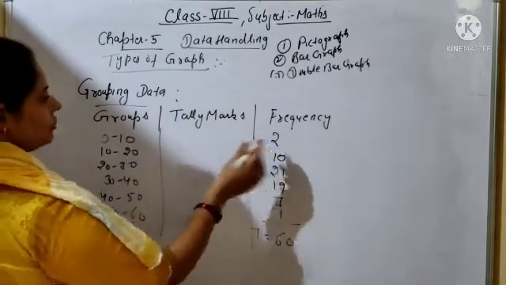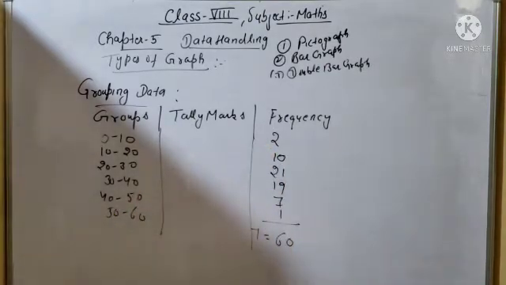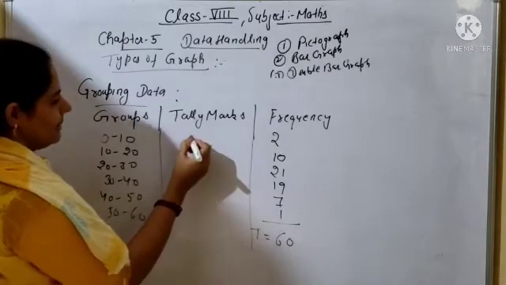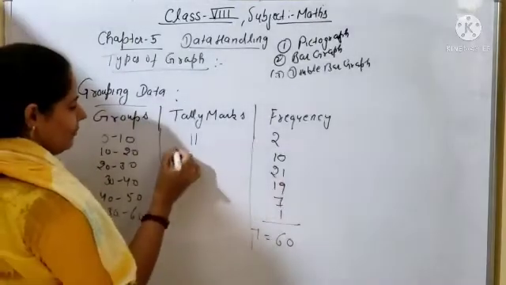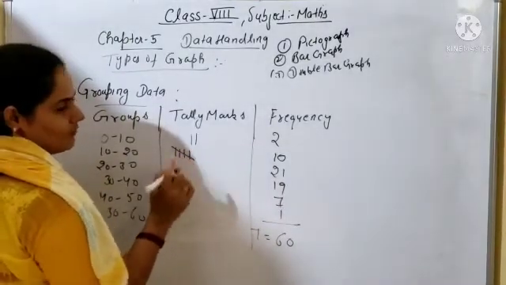So first, 2, how will you represent it by tally marks? Simply 2 you will represent by 2 lines. 10: 1, 2, 3, 4, 5, one crossing.